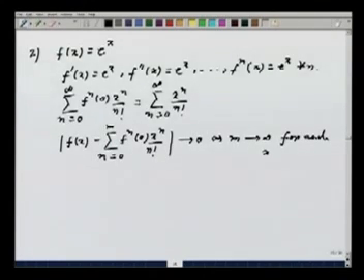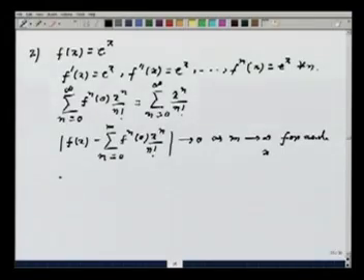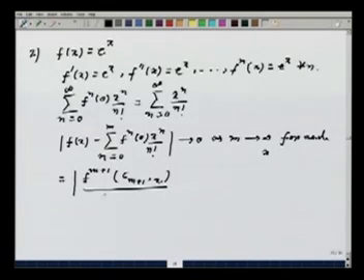Now what to do with this inside thing, f(x) minus this summation n from 0 to m? Well, I know from Taylor's theorem that this is nothing but modulus f^(m+1) at a point c_{m+1,x}. The point depends on x as well as m plus 1, divided by (m+1) factorial, into x to the power m plus 1, where x is fixed.